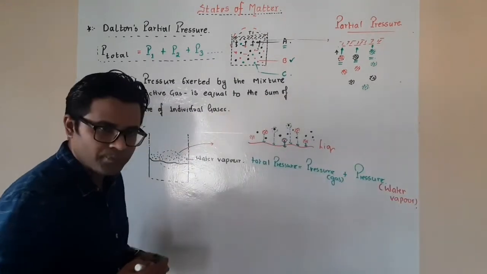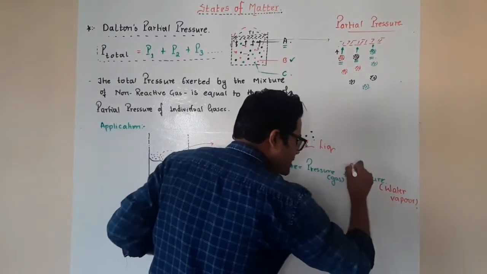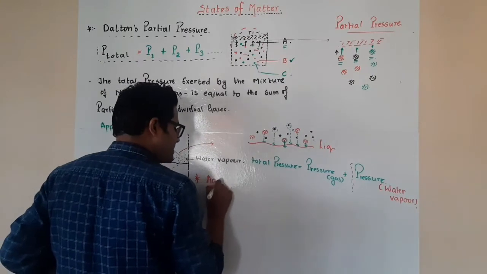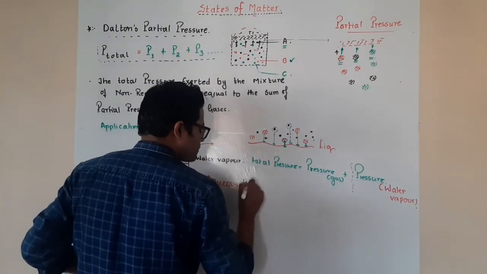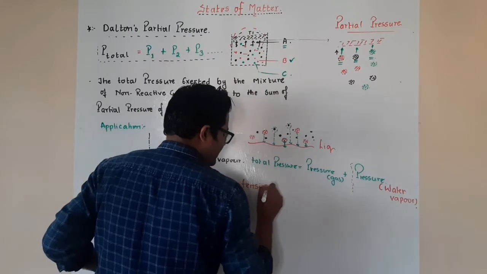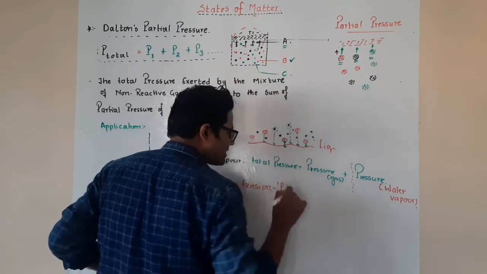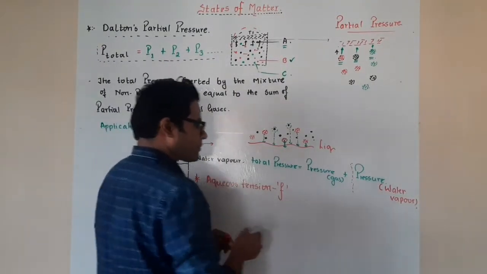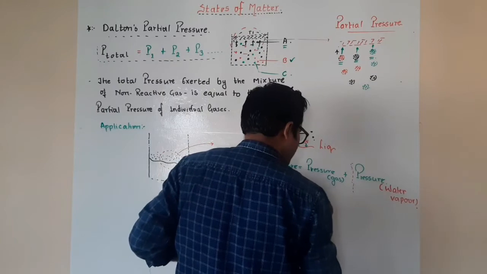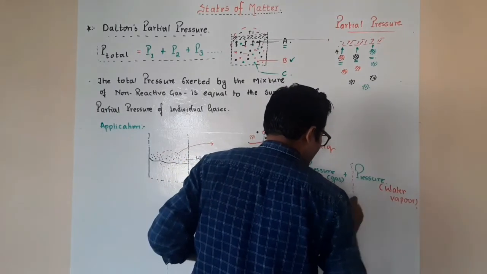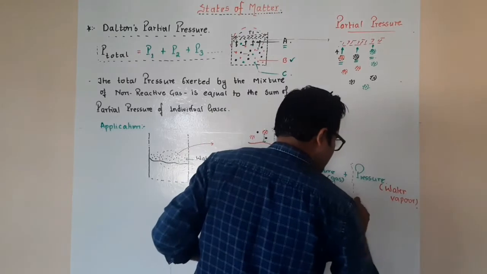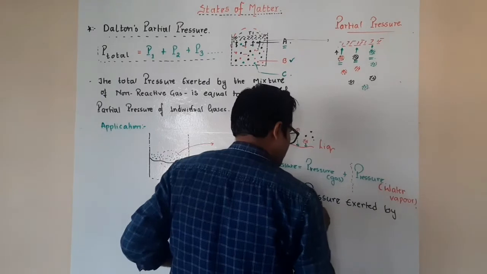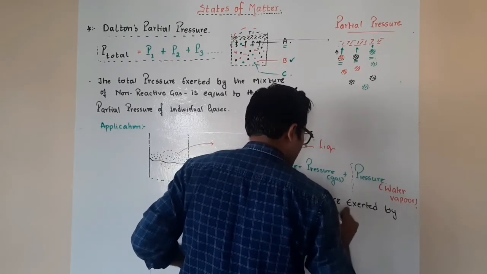Correct. Now, the pressure exerted by the water vapor is also called aqueous tension. Aqueous tension is denoted by the letter f. So aqueous tension is nothing more than the pressure exerted by the water vapors.